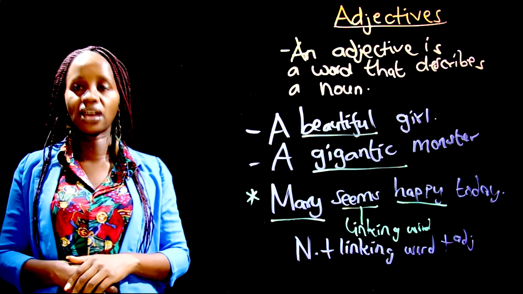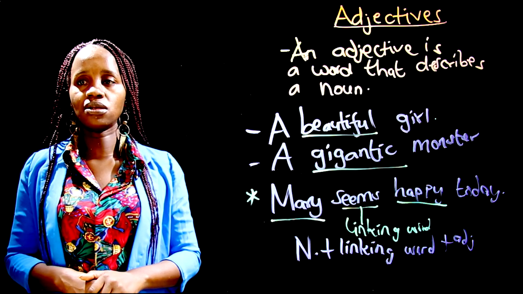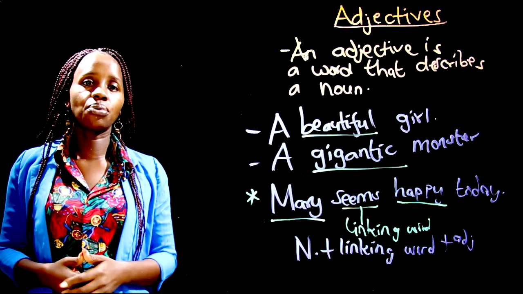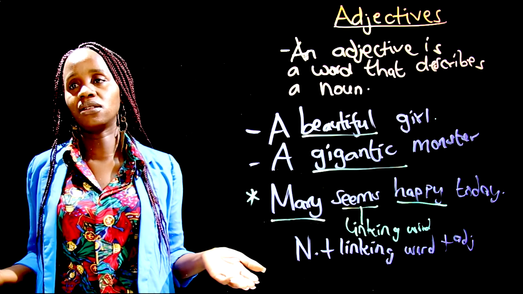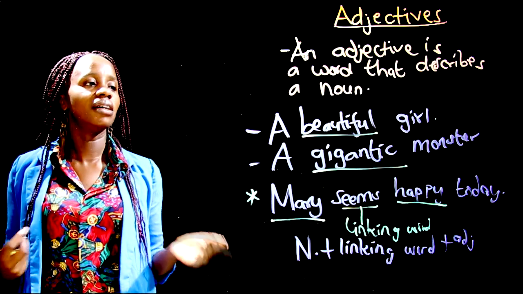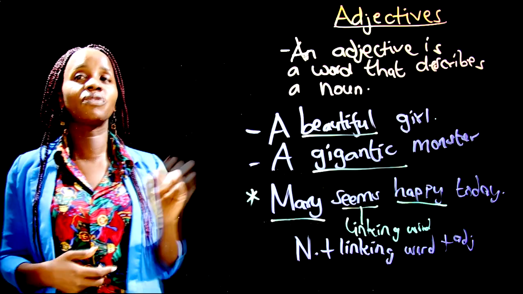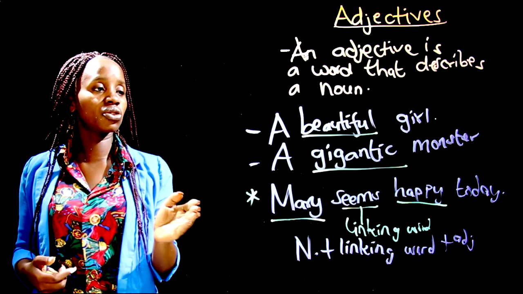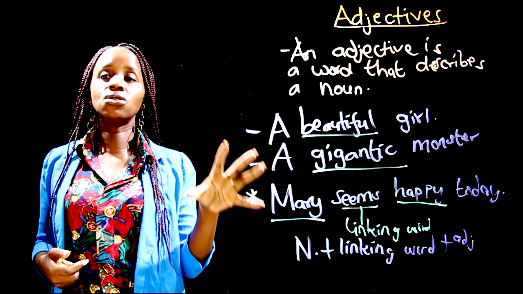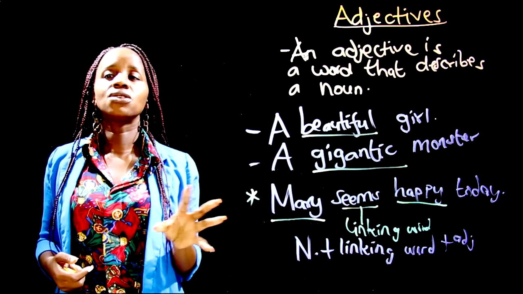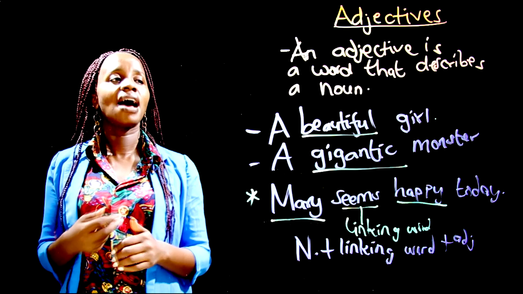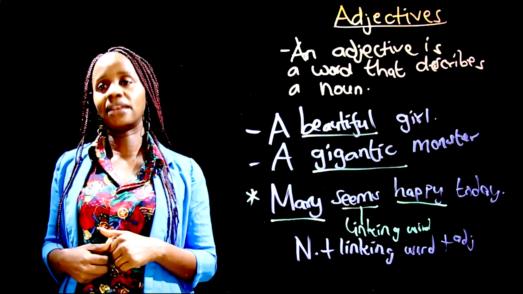Then finally, whatever else you want to use. Okay? For example, she is a happy girl. That one falls under here, but also we've used the linking word. So usually it can come in those two structures. So take time to internalize that as we get ready for an exercise.